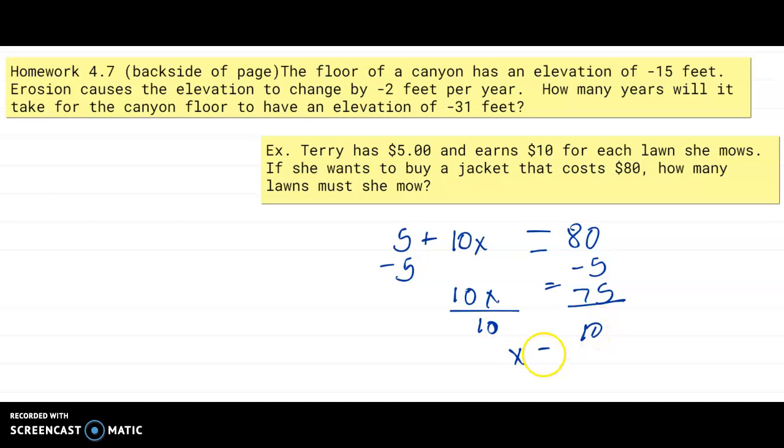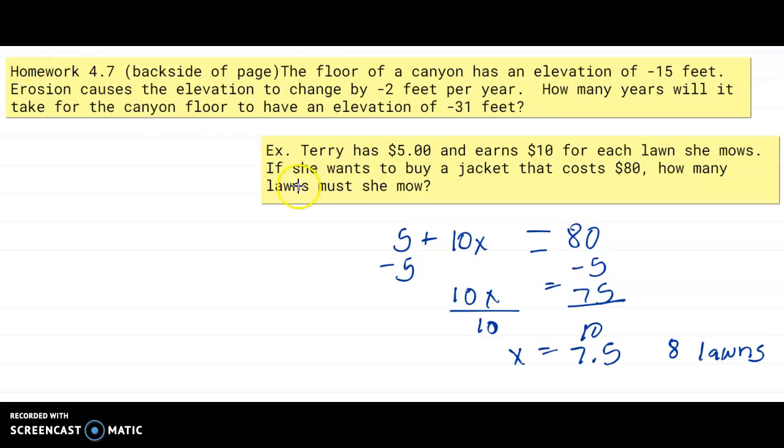So I get x equals 75 divided by 10, which is 7.5. So she needs to mow 7.5 lawns to earn enough money. But nobody's going to hire you to mow half of their lawn, so she's going to need to mow 8 lawns.